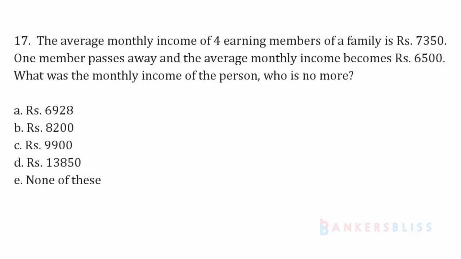The average monthly income of 4 earning members of a family is 7,350. One member passes away and the average monthly income becomes 6,500. What was the monthly income of the person who is no more?